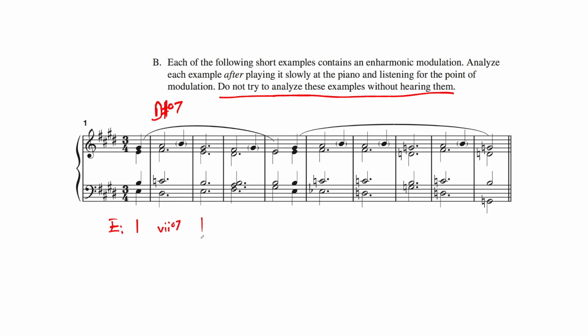And after that, once again, I. And here we have a second inversion dominant chord. This is B dominant 7th in second inversion, which is followed by a first inversion tonic triad, and then root position again.